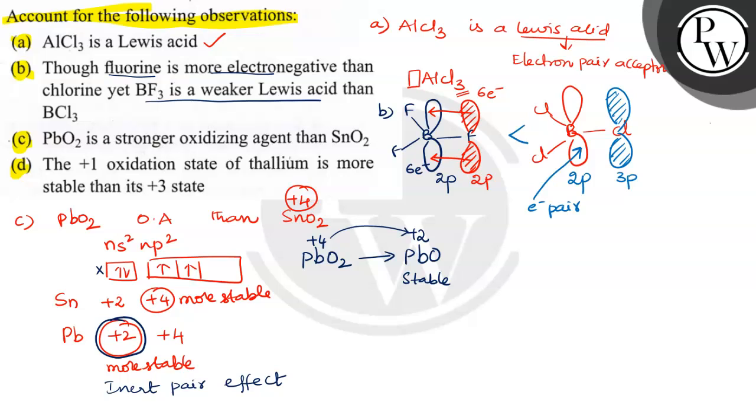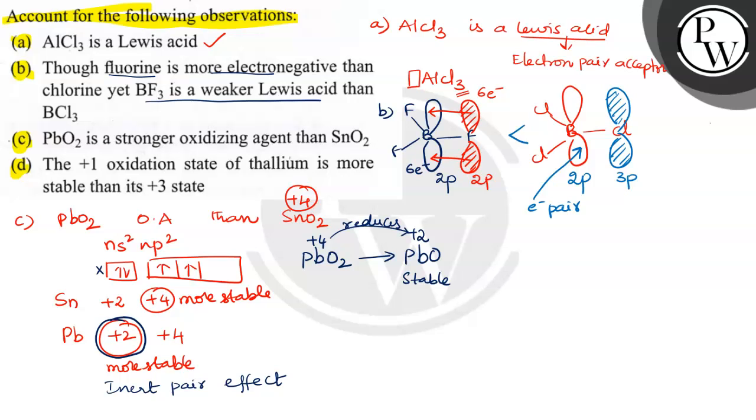So what is an oxidizing agent? An oxidizing agent is one which oxidizes others and reduces itself. Itself reducing +4 to +2 and oxidizing the others. It is giving oxygens to the others to oxidize. So therefore, PbO2 is a stronger oxidizing agent than SnO2.